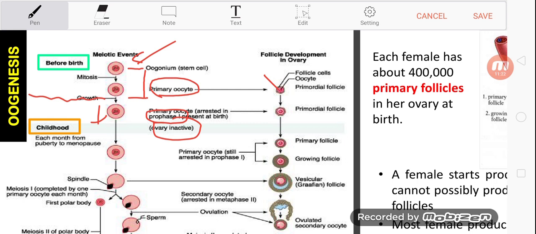Okay, follicle cells, oocyte. This is the stage primordial follicles. So during embryo development and during the birth or postnatal, and then these primordial follicles during childhood, during growing up.